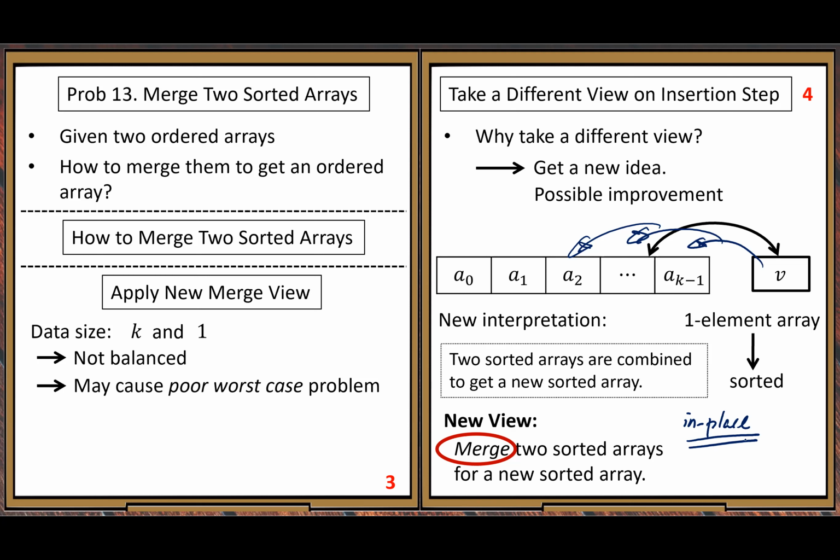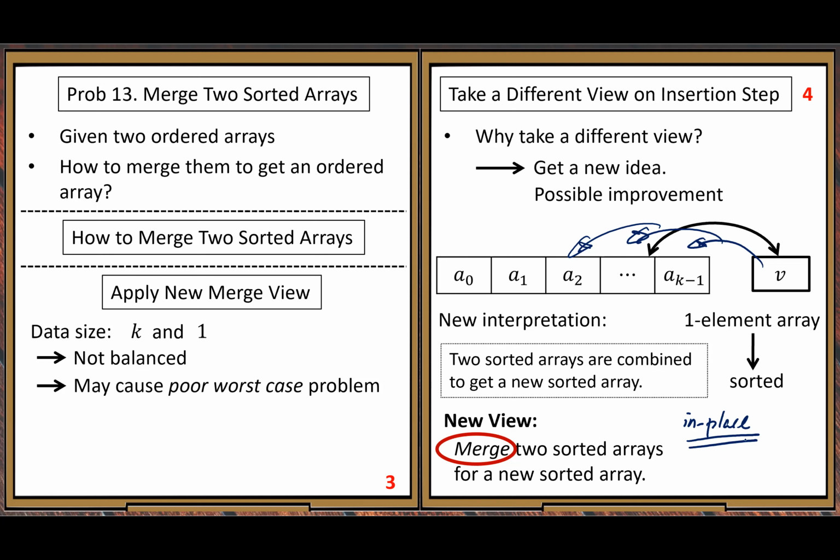Because if the data is not balanced, based on our experience, usually that property would result in poor worst case. If the data is distributed in some unbalanced way, that usually results in poor worst case.